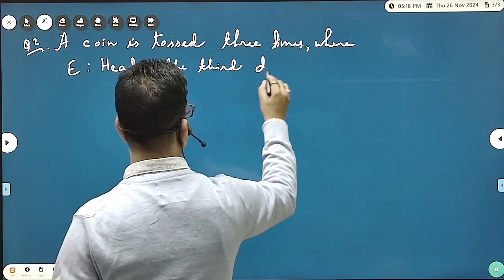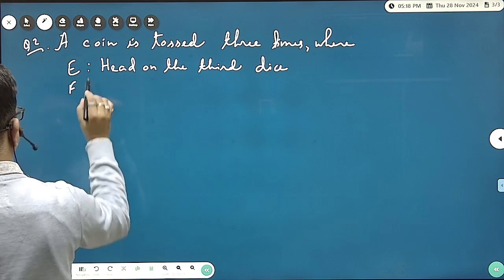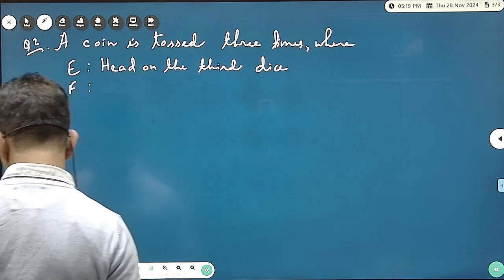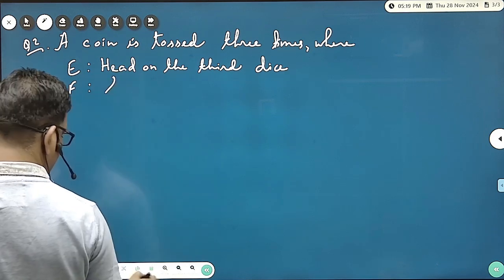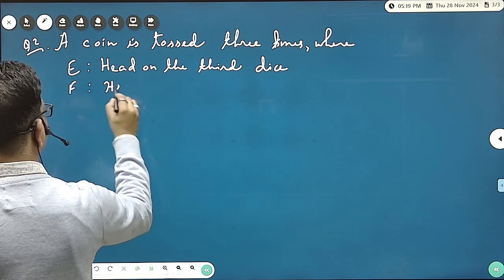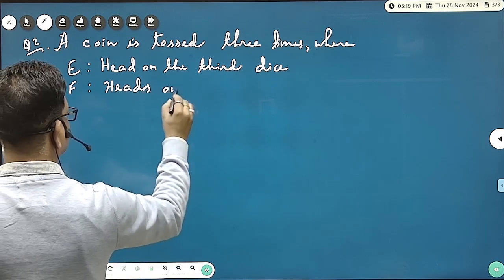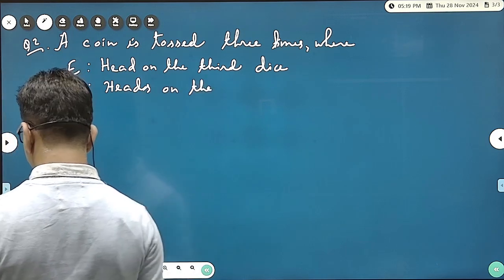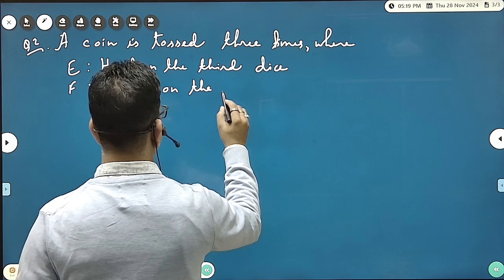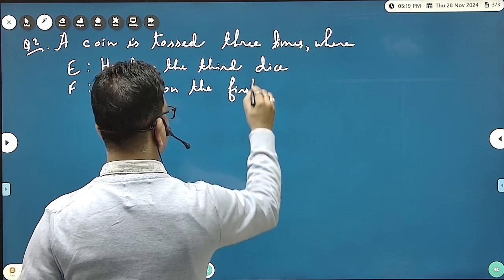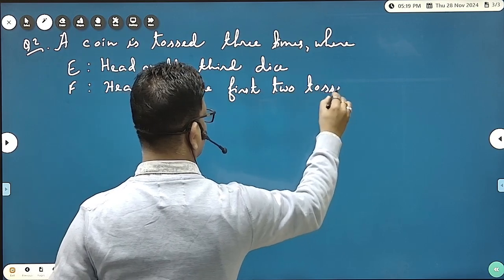This type of question we need to practice more. Not the first one, which is a direct definition based question, but here application based. Okay, F: heads on the first 2 tosses.